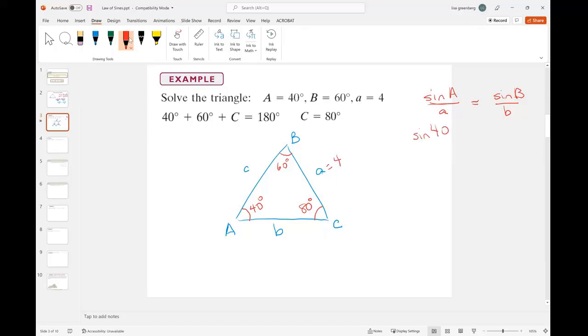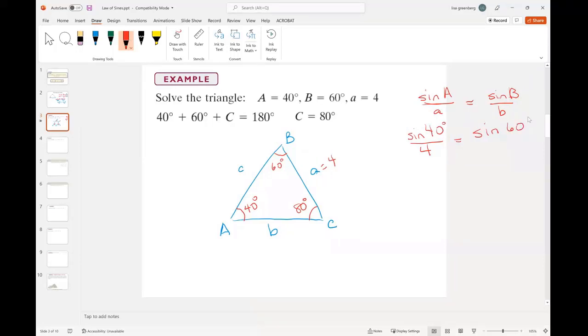And this is obviously a calculator problem because I don't know what the sine of 40 degrees is, and I don't expect anybody does, equals the sine of 60 degrees, which we do know, over B. So if I want to solve for B, I can say B is equal to 4 sine of 60 degrees over sine of 40 degrees.